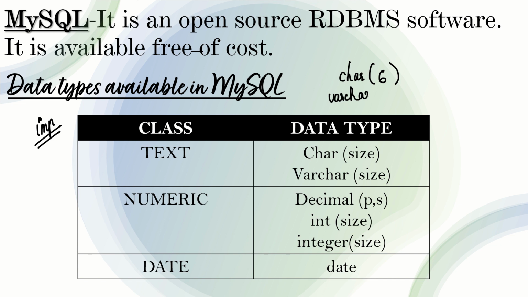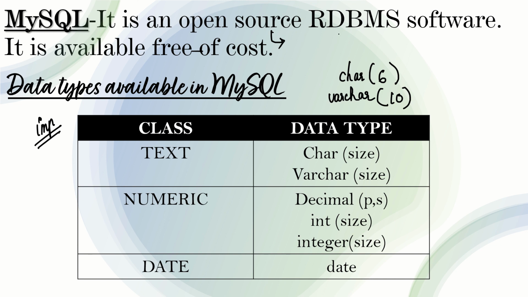Suppose I have the word source, with 1, 2, 3, 4, 5, 6 letters. If I want to write source, then I can say char of 6.